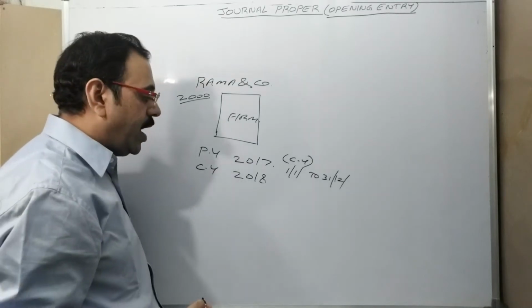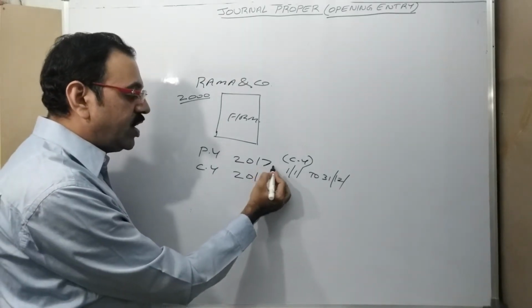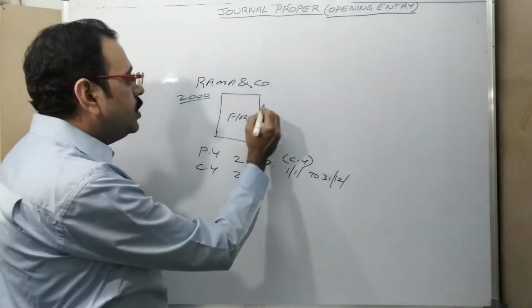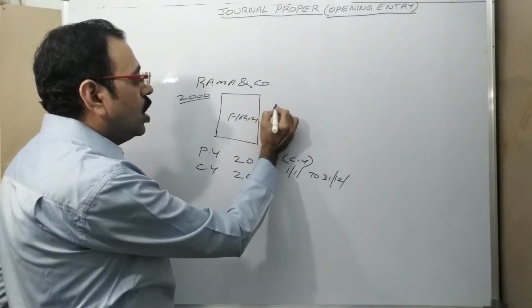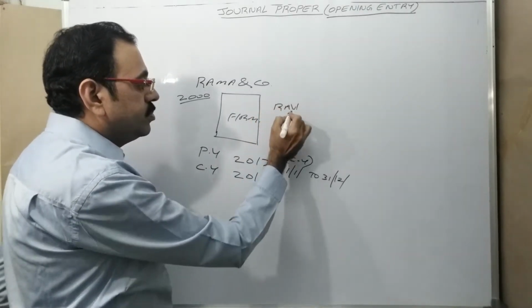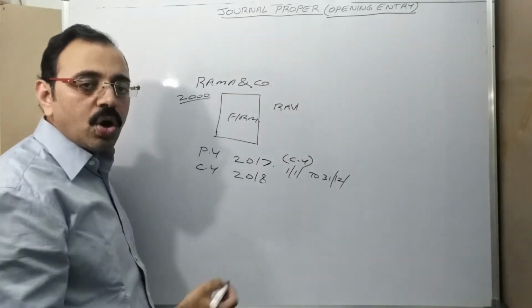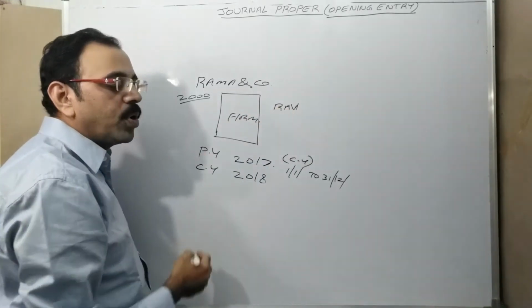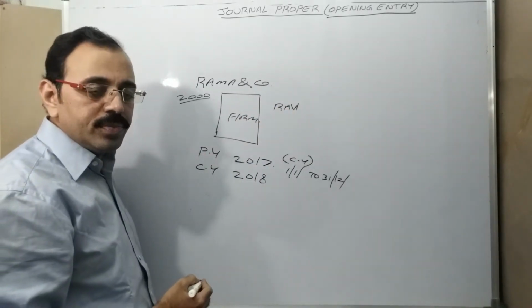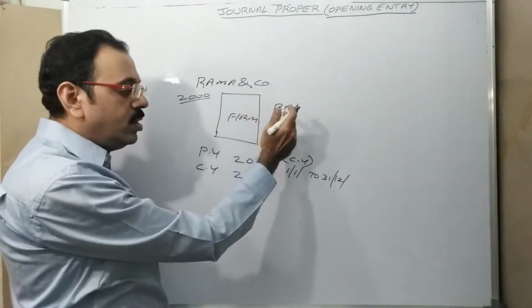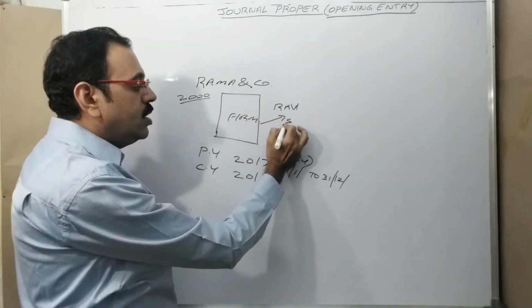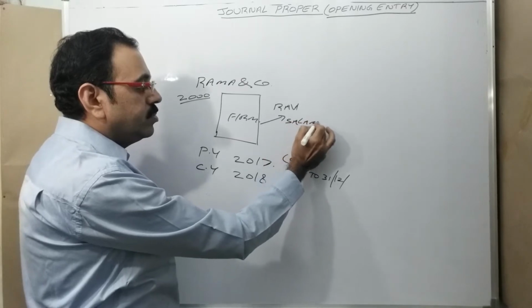And in 2017 year, a person called Ravi was joined with us as an employee. So what we supposed to pay to Ravi? We have to pay salary.